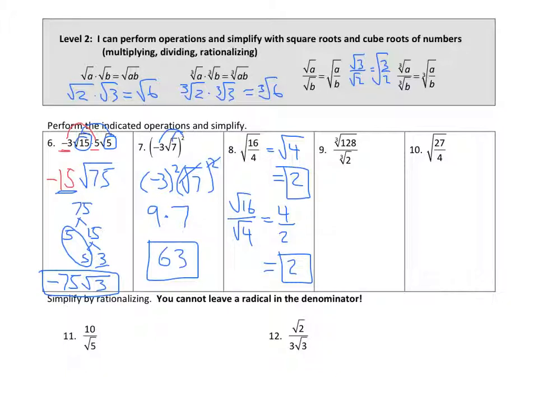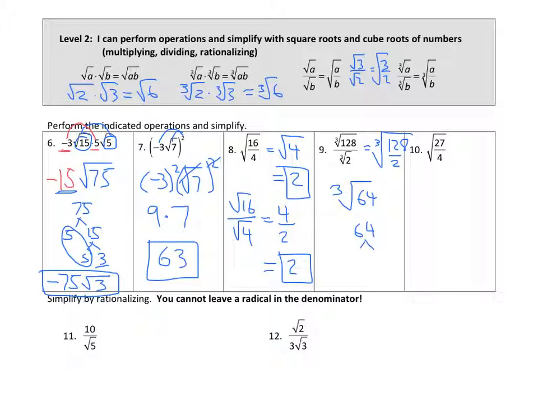Now for the next example, since they're both cube roots, I'm allowed to put them under one giant cube root and do the cube root of 128 over 2. And then I can divide 128 divided by 2 first, which gives me the cube root of 64. And 64 is actually a perfect cube, but if we didn't know that, we would make our factor tree.